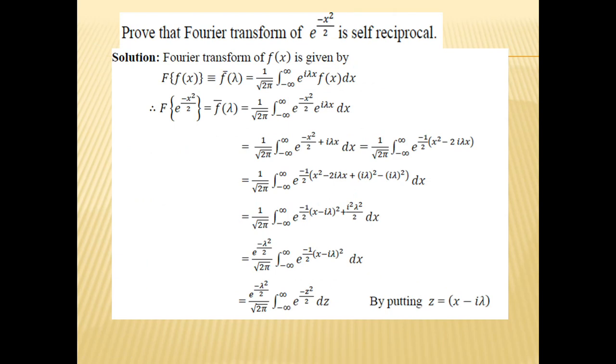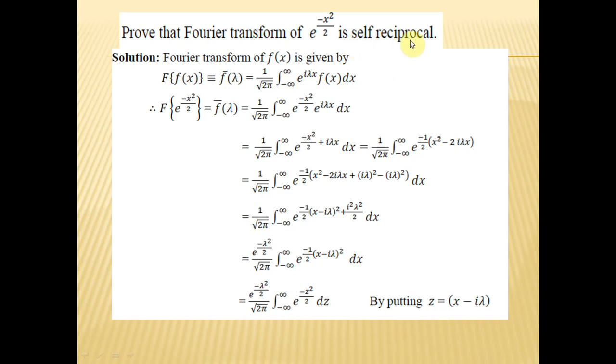Now we are discussing the Fourier transform of the function e raised to minus x square by 2, and we will prove that the Fourier transform of this e raised to minus x square is self-reciprocal.